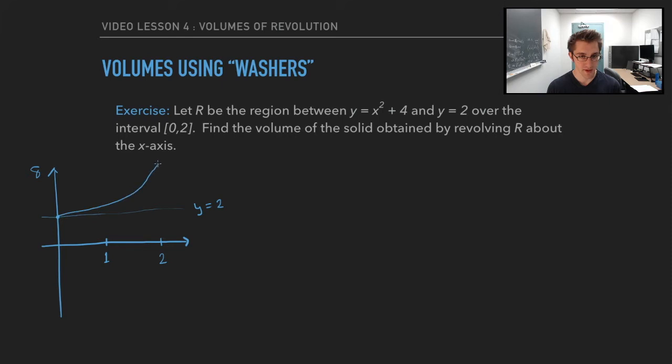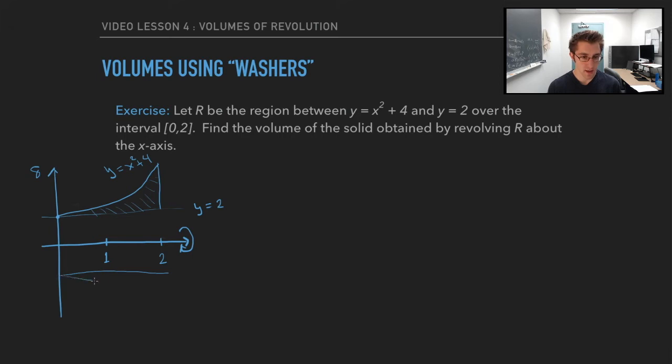So here's my region. This here is y equals x squared plus 4. And I'm taking this and revolving it around the x-axis. So here's my little revolving symbol around the x-axis.